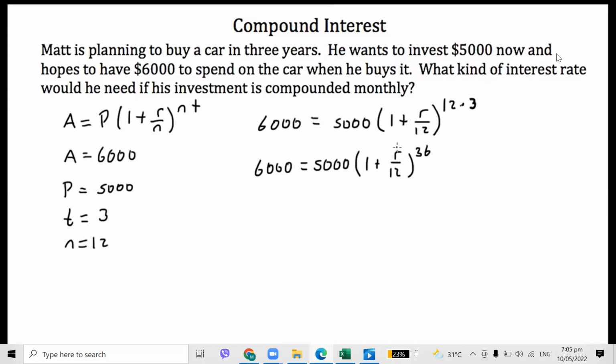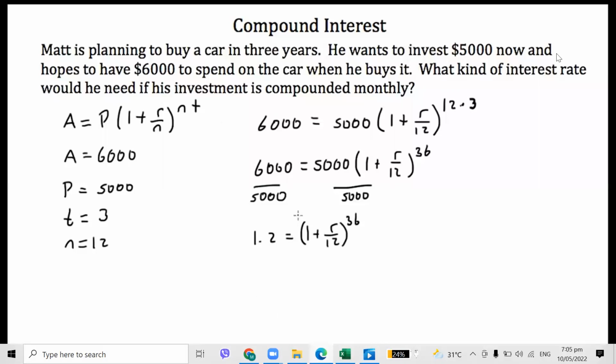Now I've got to get to this value of r, so I'm going to divide both sides by 5,000. 6,000 divided by 5,000 is 1.2, so this is equal to 1 plus r over 12 to the 36th power.